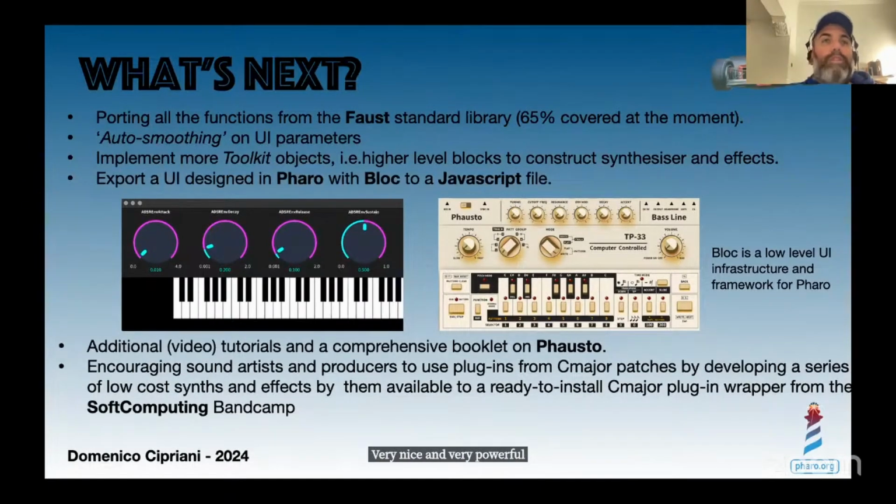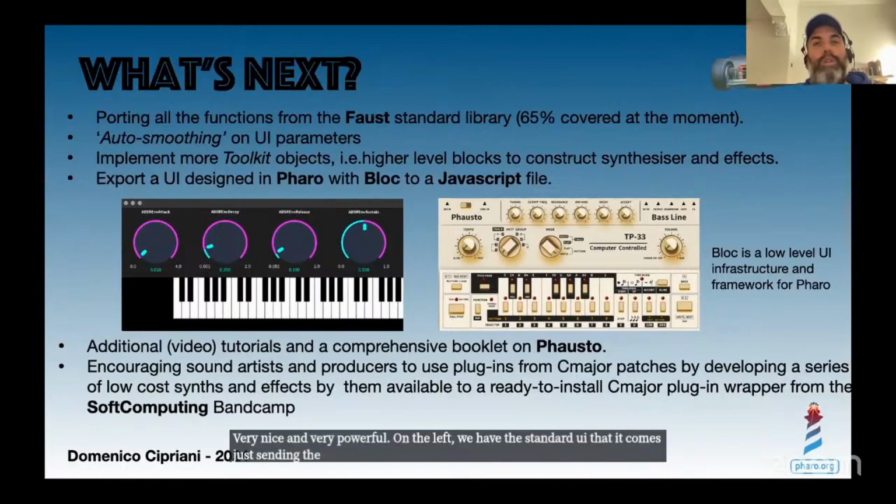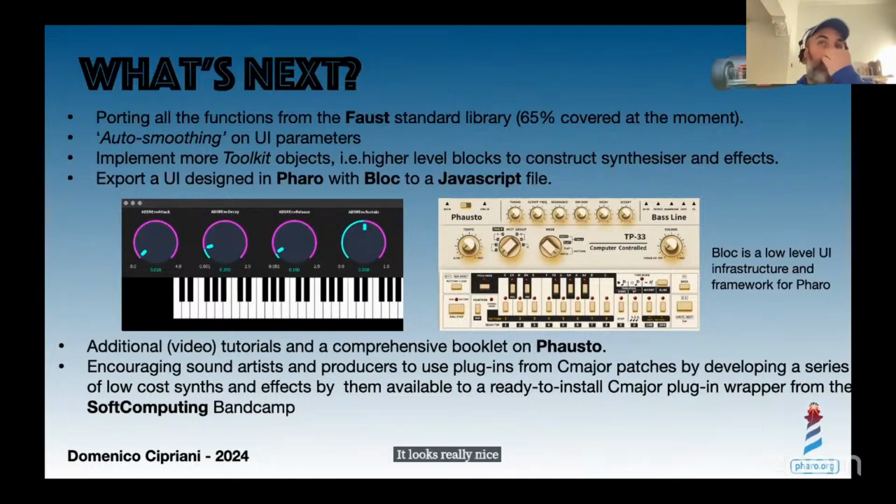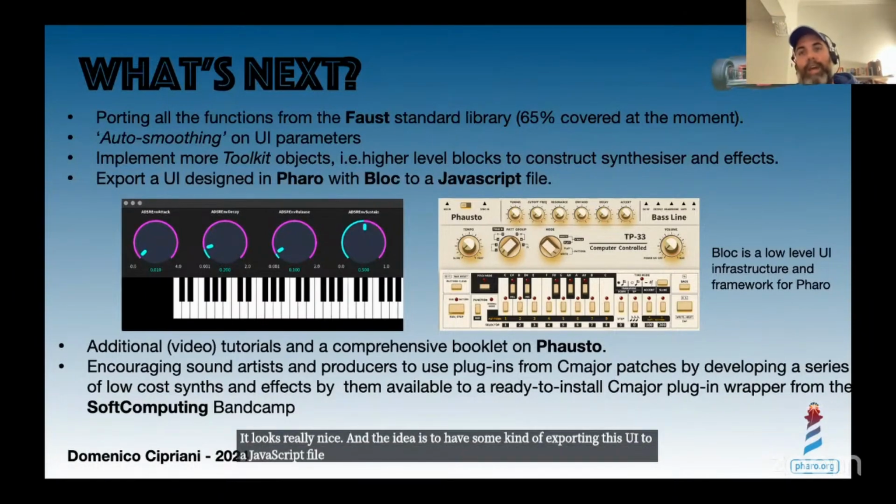On the left, we have the standard UI that comes just by sending the message display UI to a DSP. And on the right, you have a very nice TB-303 clone made by an intern, Janesh. It looks really nice. And the idea is to export this UI to a JavaScript file, so we can have a custom UI for every C major patch we have created.